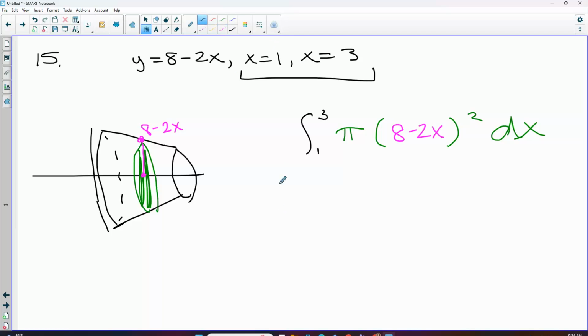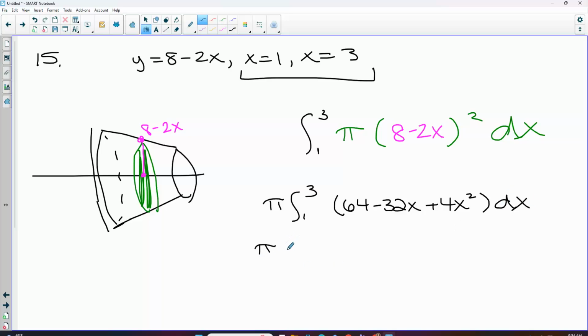So if it were me, I would probably FOIL. Antiderivative of 64, so 64x, and 16x squared is 4/3 x cubed.